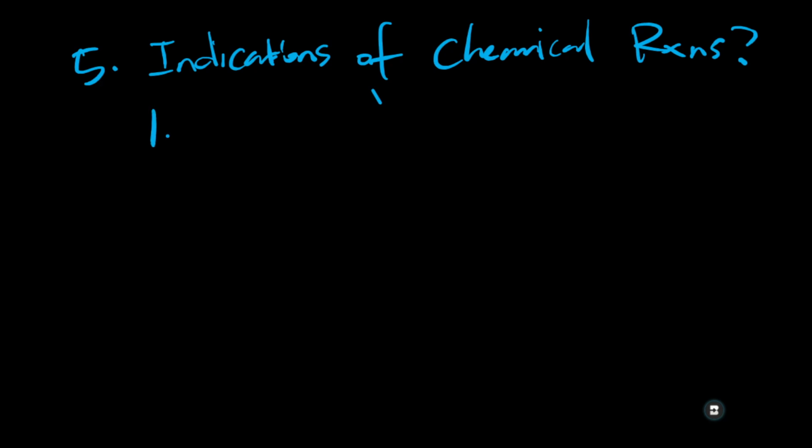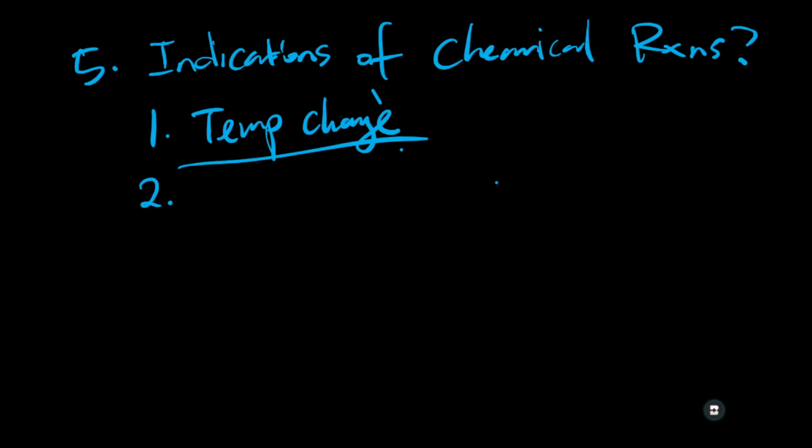So again, if there's a temperature change, then a chemical reaction has happened. Another one is if you smell something, a new odor is being produced, then you know a chemical reaction has happened. So if you cook a steak or burn a toast or something like that, you get a new smell, a chemical reaction has occurred.